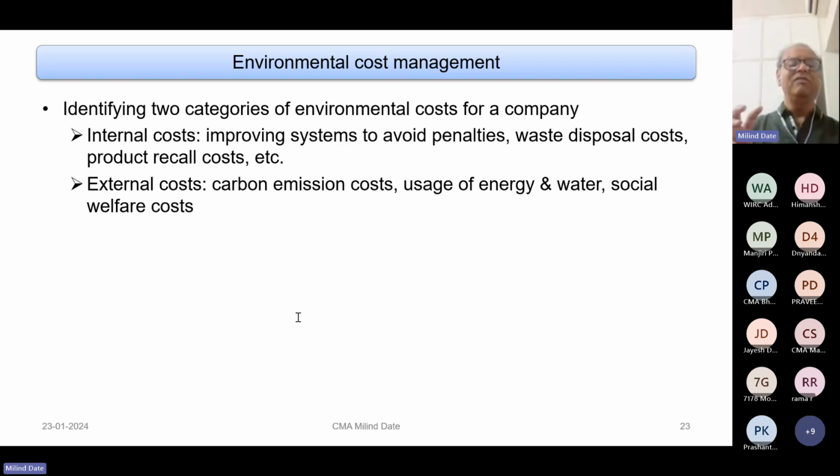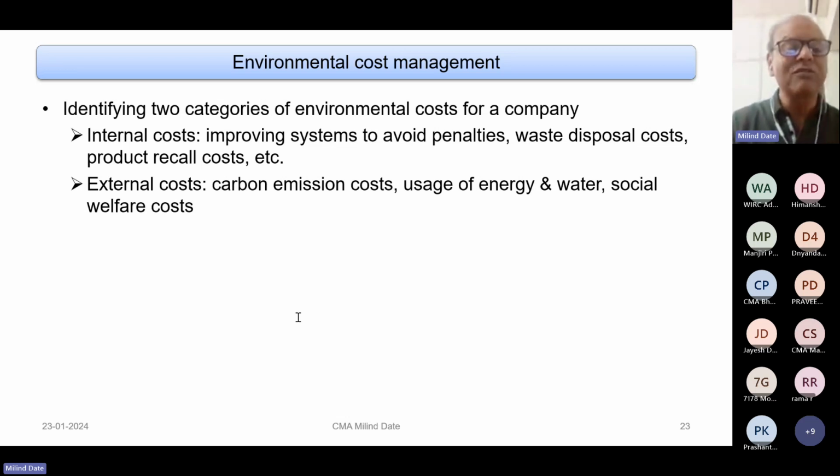Like, for example, if there is a water pollution that you are causing, you set up a system to treat wastewater. It's to avoid penalties and fines. You dispose your wastage in a particular manner, again to comply with the law. So wastage disposal costs. If you have unfortunately sold products that have faults therein, which could cause environmental hazards, for example, it could cause excessive carbon emissions, you take back the products and rectify them.